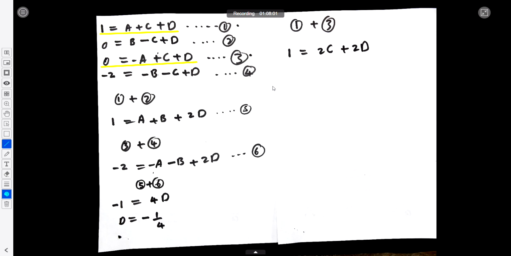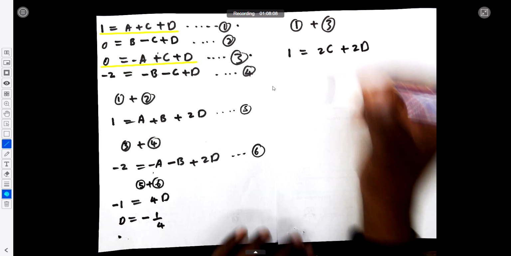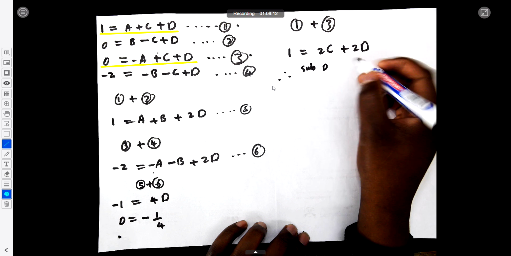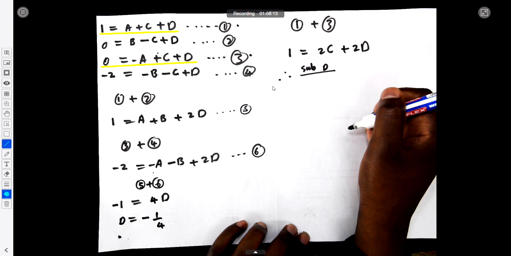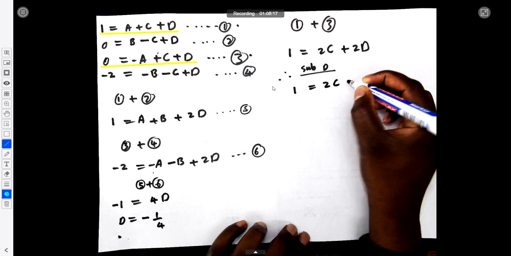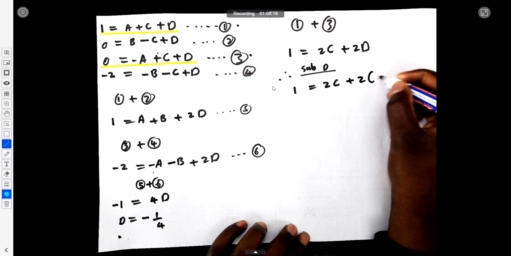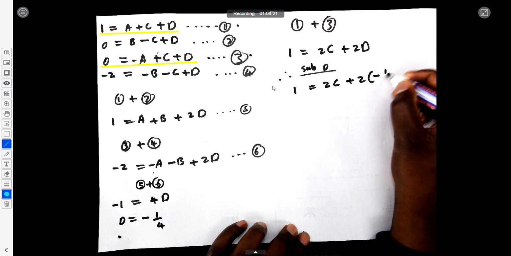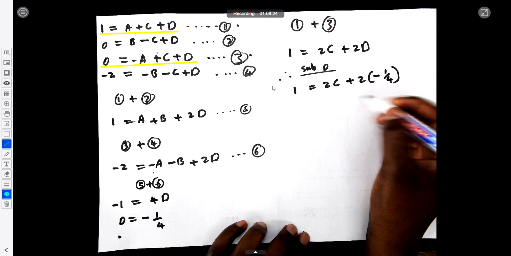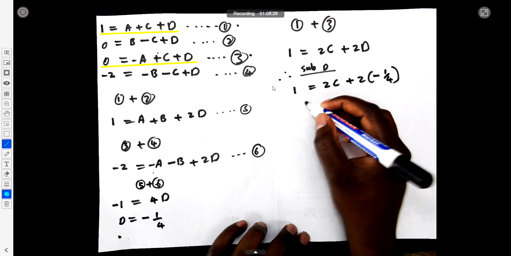I think we can stop there, not continue further. This can help us to determine c, isn't it? We have d already. So we'll state that now. Therefore, if we substitute d, 1 will be equal to 2c plus d, which we said is negative 1 over 4. From there, can I skip the step? No, let me not skip it.